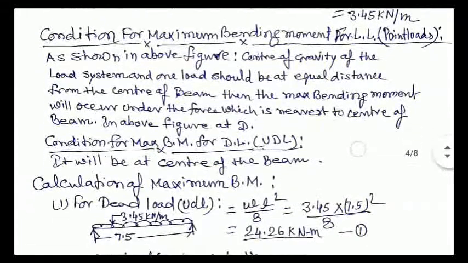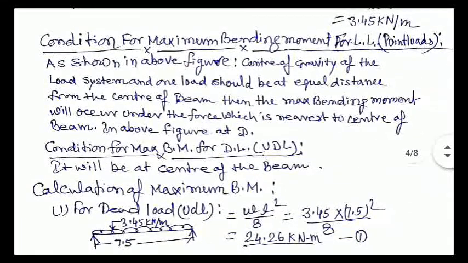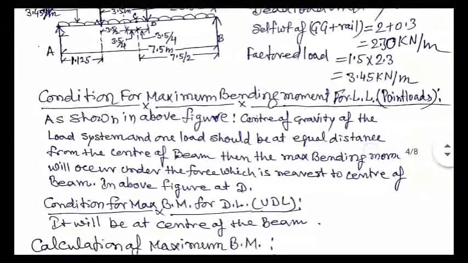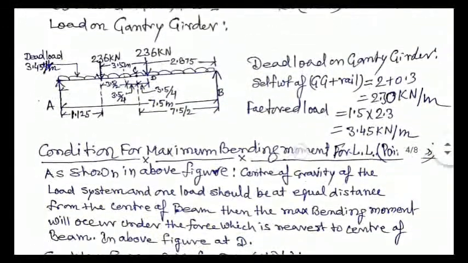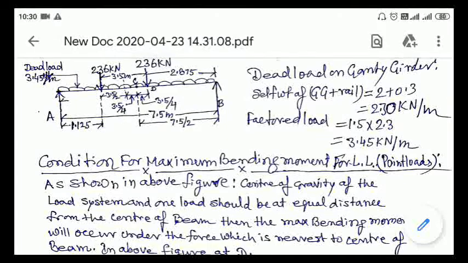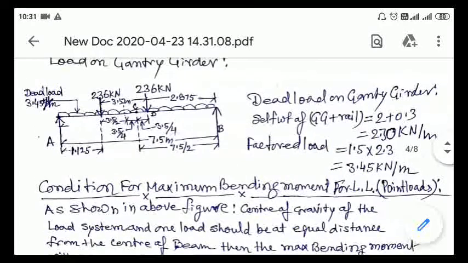So the situation will be like this, as you can see in this figure, and also we are analyzing it and explaining it. The CG of the load system should be at equal distance from the center of this gantry girder as one of the loads, as you can see here.